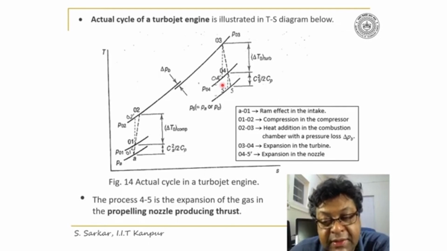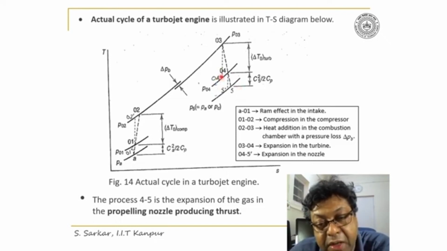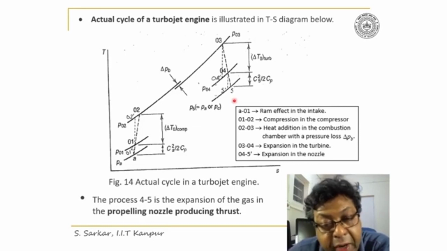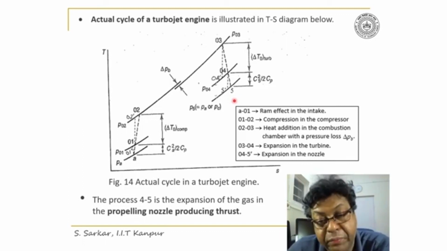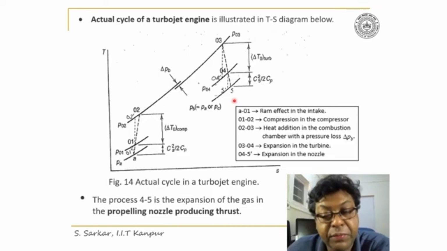Now the gas is further expanded in the propelling nozzle, which is represented by 04 to 5, where at the state point 5, the pressure is the atmospheric pressure PA. So P5 here is equal to PA.